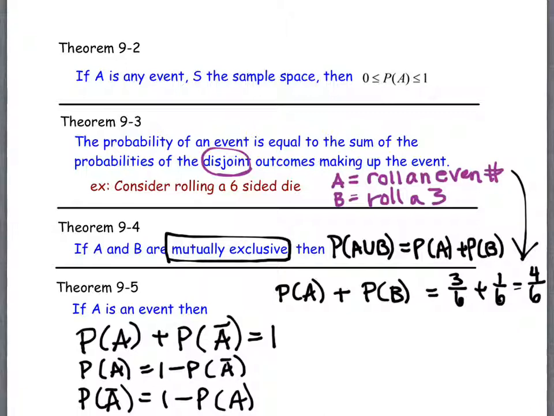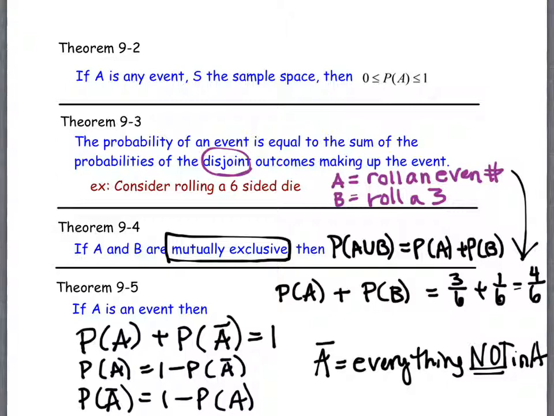That's all it is. So let me tell you what A complement is for those of you who haven't seen this notation before. This is everything not in A. So if you wanted to think about our even example, the complement of rolling an even would be rolling an odd.